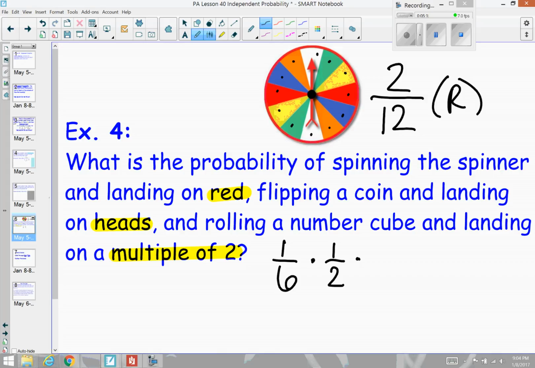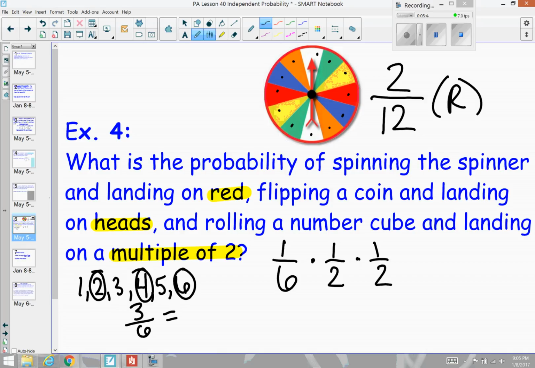And finally, what is the probability of rolling a multiple of 2 on a number cube? So on a number cube, we have 1, 2, 3, 4, 5, and 6. To roll a multiple of 2, we have 2, 4, 6, which is 3 out of 6, which is equivalent to 1 out of 2, or 1/2.